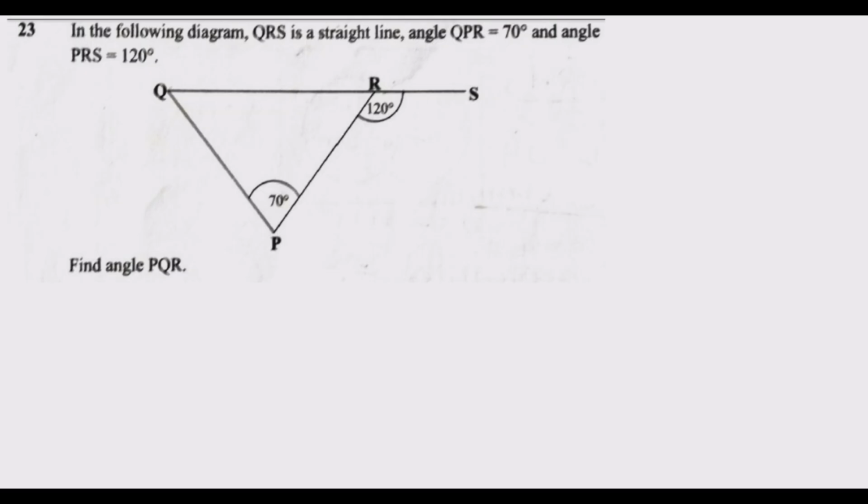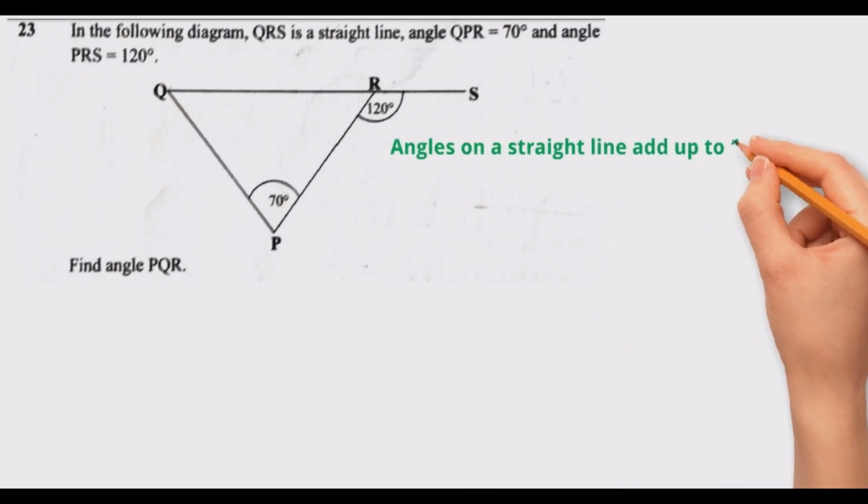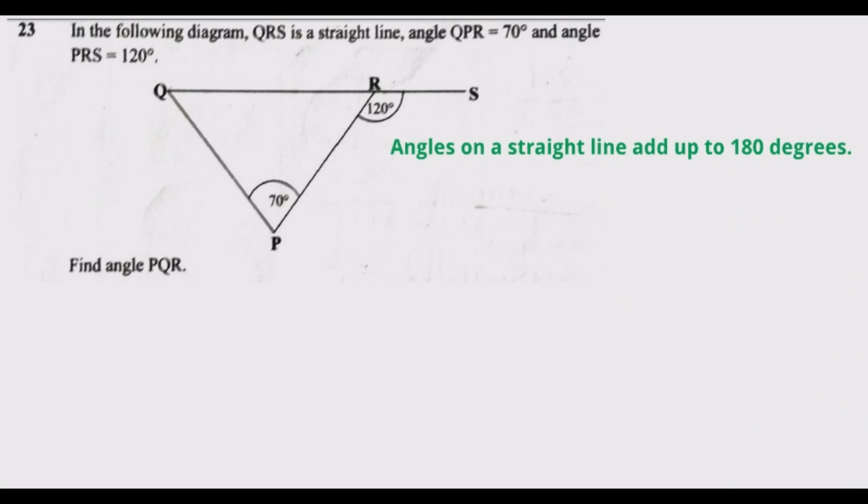So first we ask ourselves: is QRP on a straight line? Yes. So if we add PRS with QRP, it will give us 180 degrees.